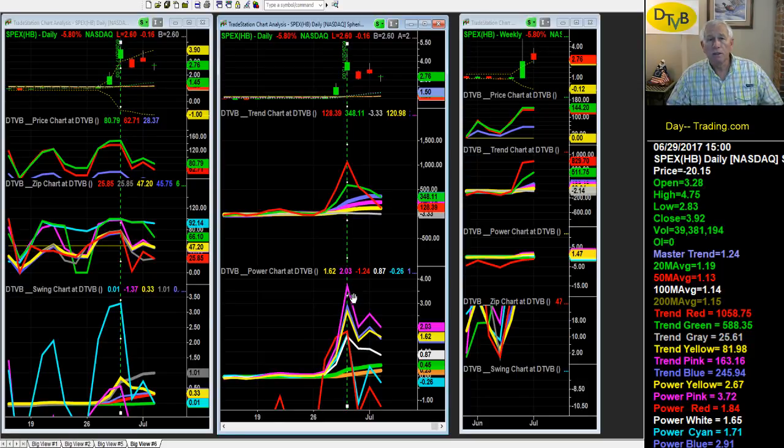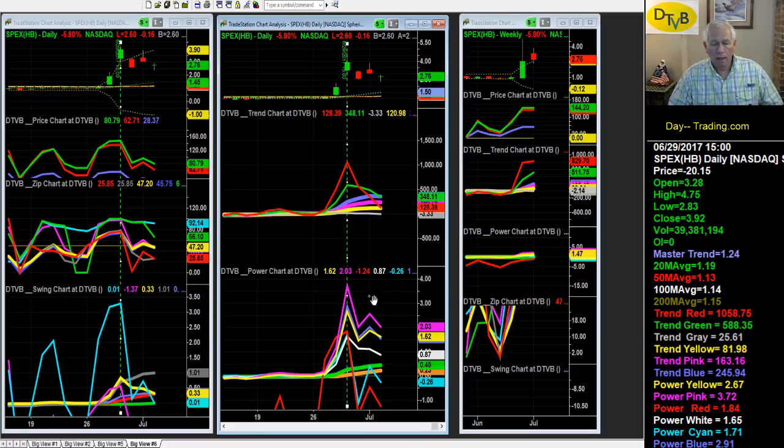It's going to continue up. But power pink is what we refer to as our short cycle deep cycle indicator, meaning that it captures cycles in shorter terms, and so in shorter lengths of time.